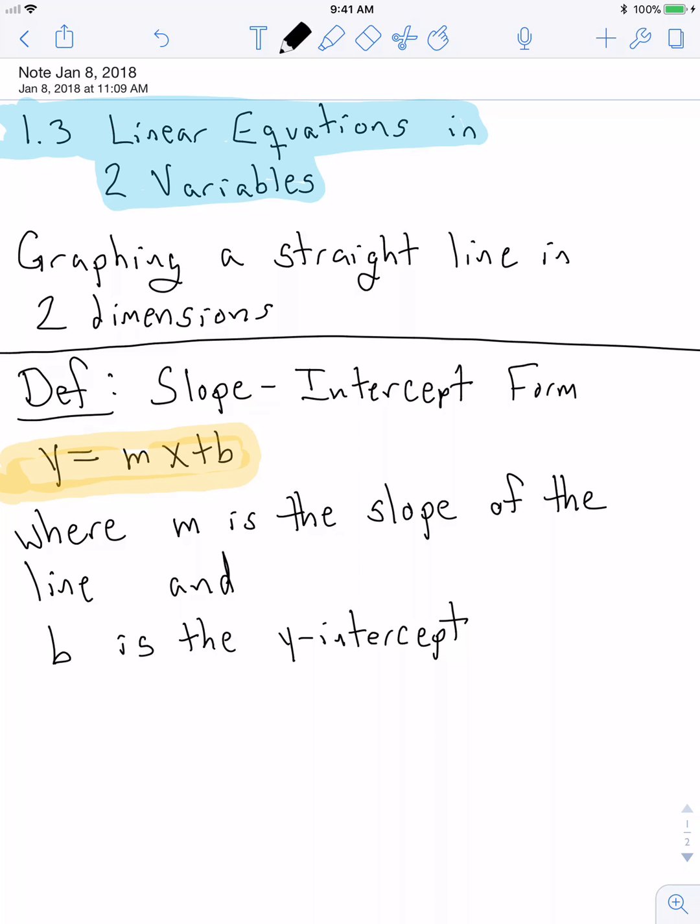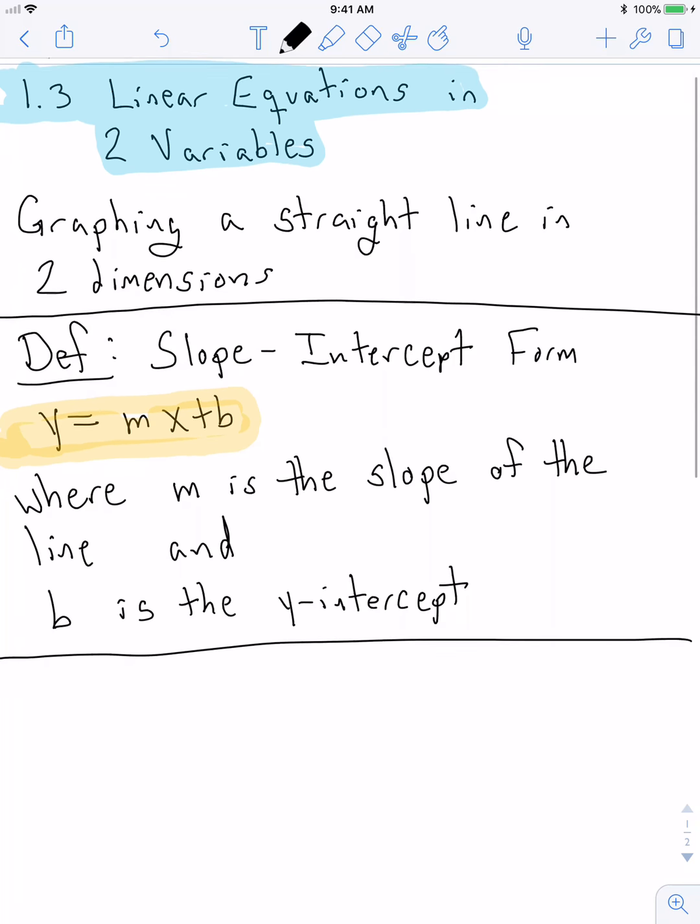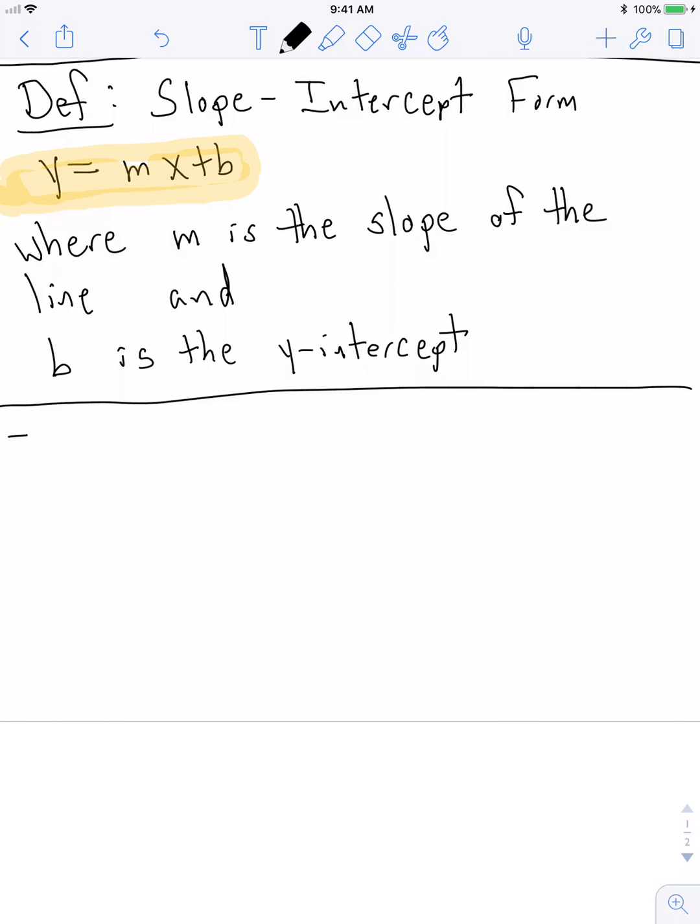So before we get into some complicated straight lines, let's look at a few simple special cases. Our first is the equation y is equal to b.